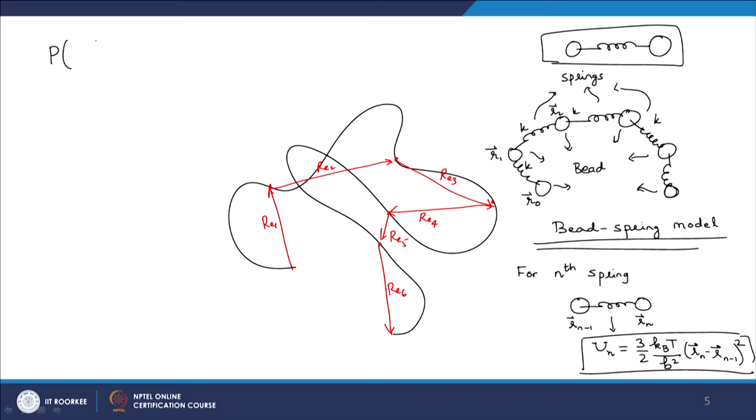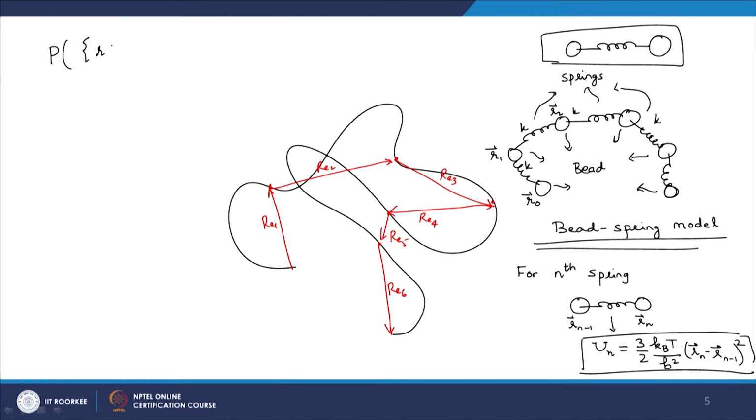So, if I look at the probability distribution of this particular bead-spring model, now we do not look at just the end-to-end distance of the entire chain. I can look at the end-to-end distance of the individual springs, or in general I can look at the positions of all the beads, which I can write in shortcut notation like this.